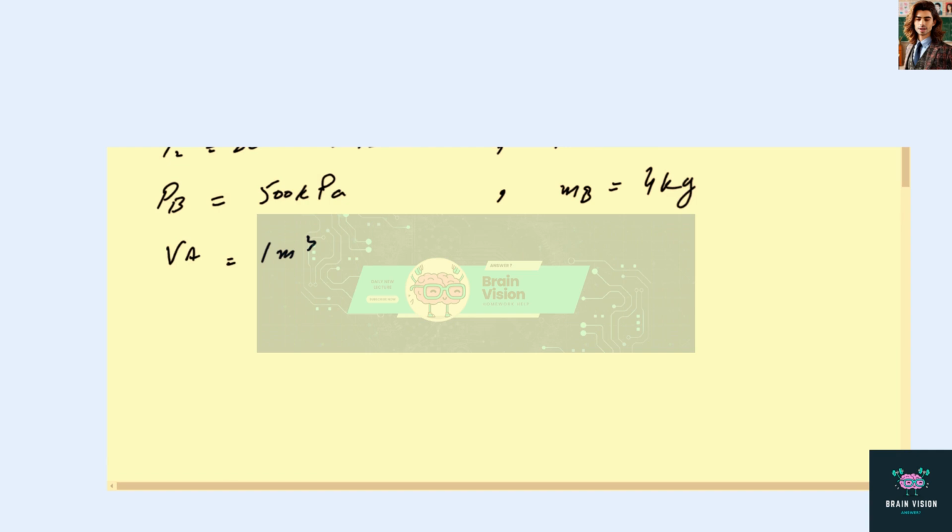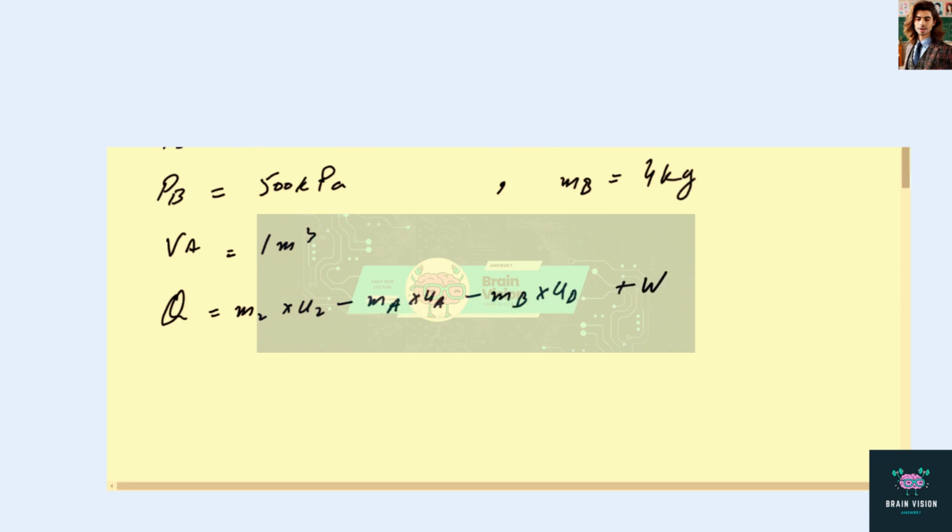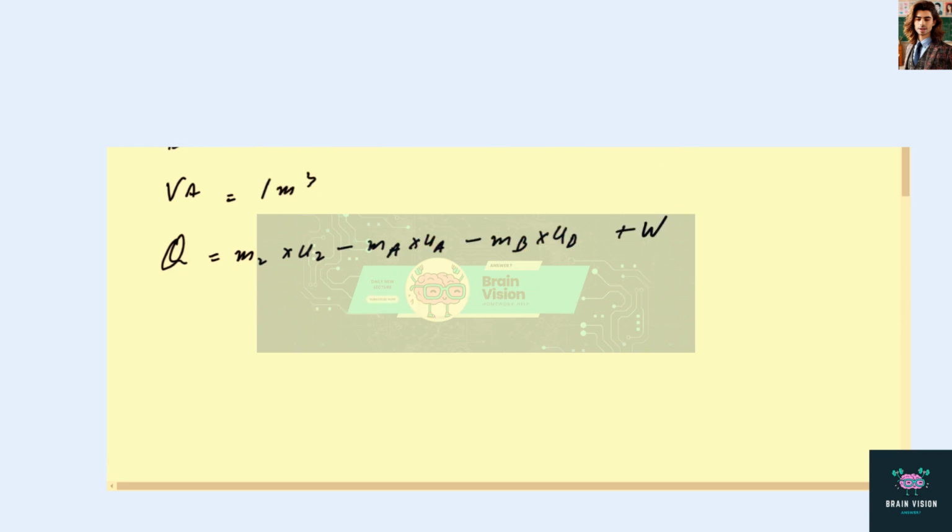So the energy equation for this problem is Q is equal to M2 into U2 minus MA into UA minus MB into UB plus W. This is a constant volume process, so the work done is W is equal to 0.